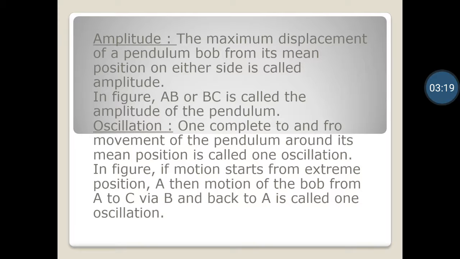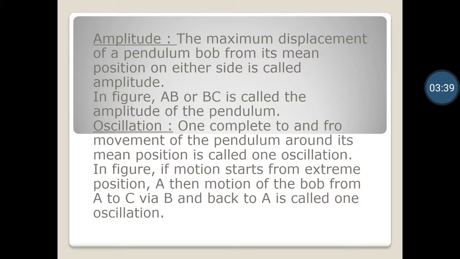Oscillation: one complete to and fro movement of the pendulum bob about its mean position is called one oscillation.